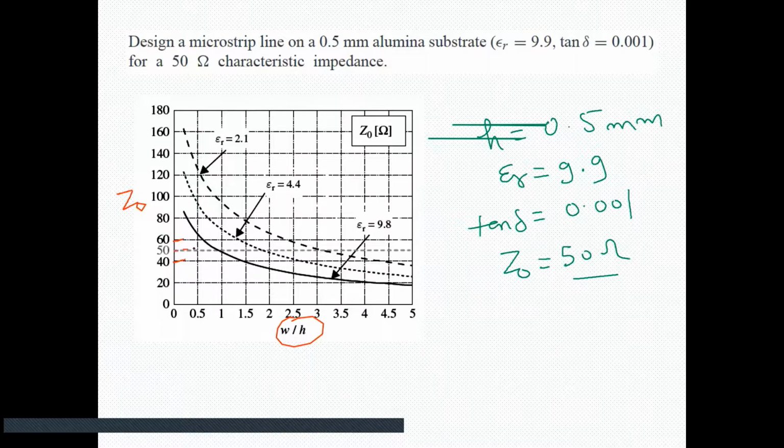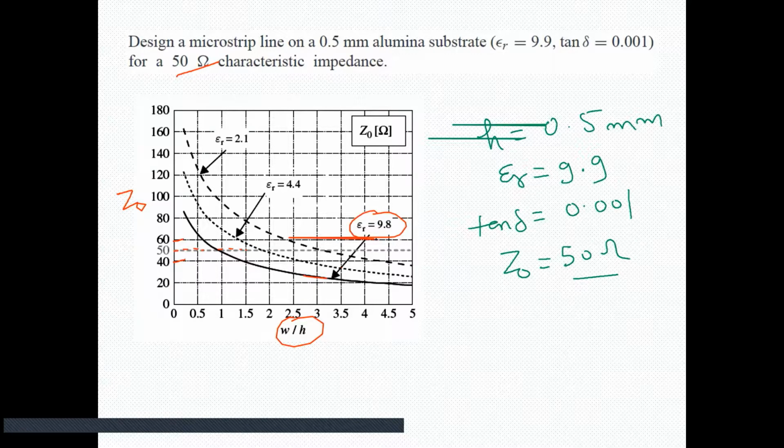In between, we consider Z0 equal to 50 ohm, which is given in our problem, and epsilon_r is given as 9.9. There is a graph for epsilon_r equal to 9.8, and this is that one.